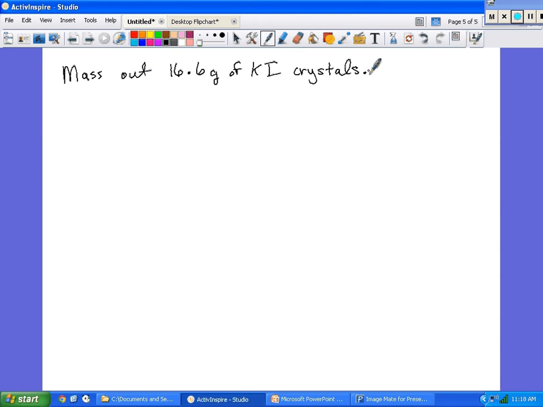Now, could you even go a step farther and include this? Could you even go that far? Sure. I mean, if you want to be as accurate as possible, yes, technically that's how you would do it. Okay. After we have the mass of 16.6 grams, what do we do next?